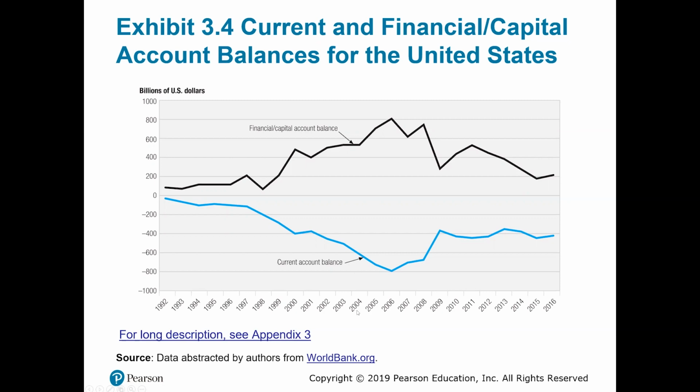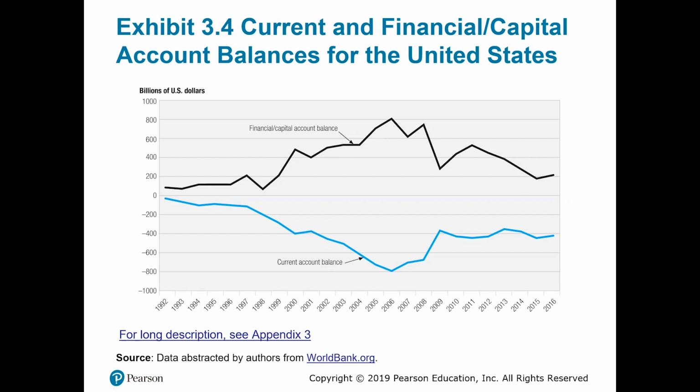In case of the USA, the current account has always been in deficit, and the capital account has always been in surplus. And whenever the current account balance is declining, it is perhaps offset by a similar opposite trend in the financial and capital account balances.